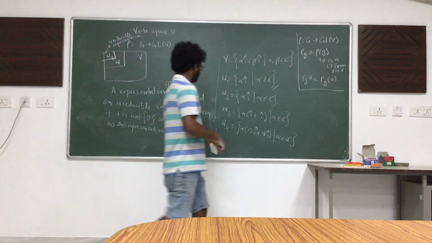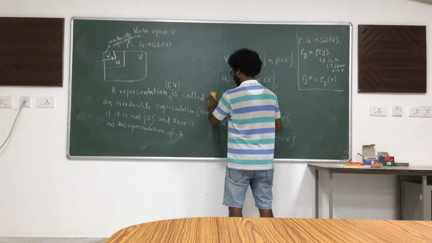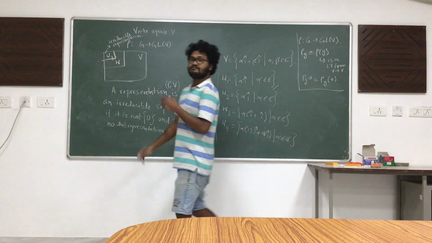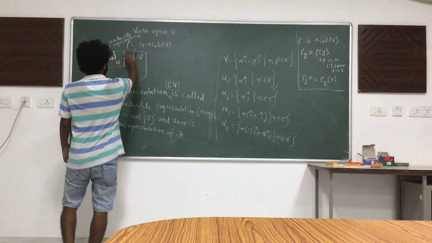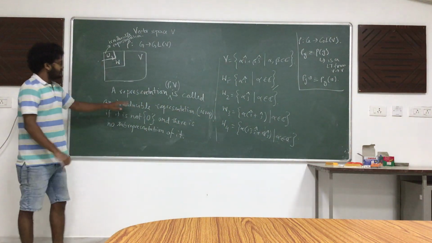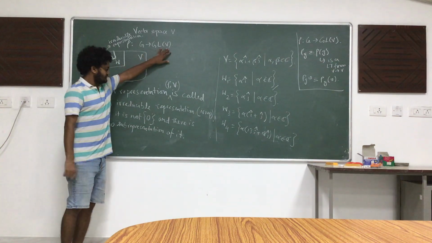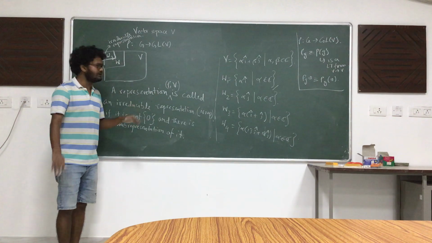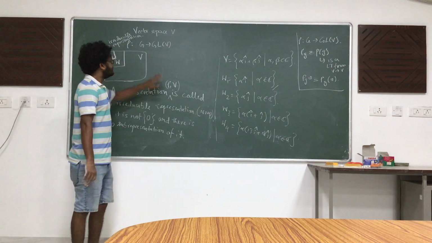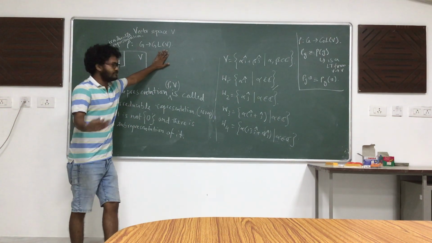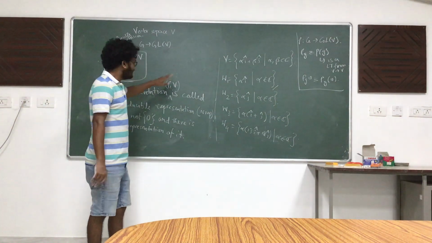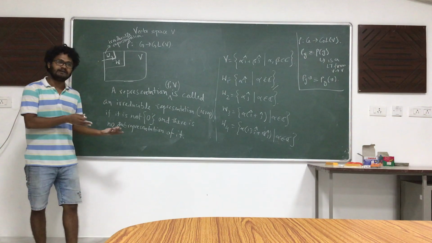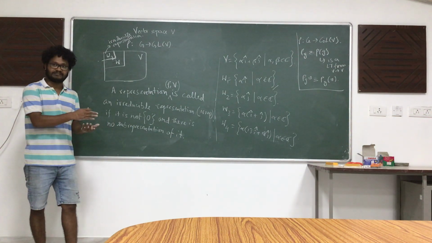This part is clear? Let us say we found a representation and the representation is not 0. 0 means the vector space is not 0. Okay. So that means we have some finite dimensional representation and we cannot further divide it into sub-representations.